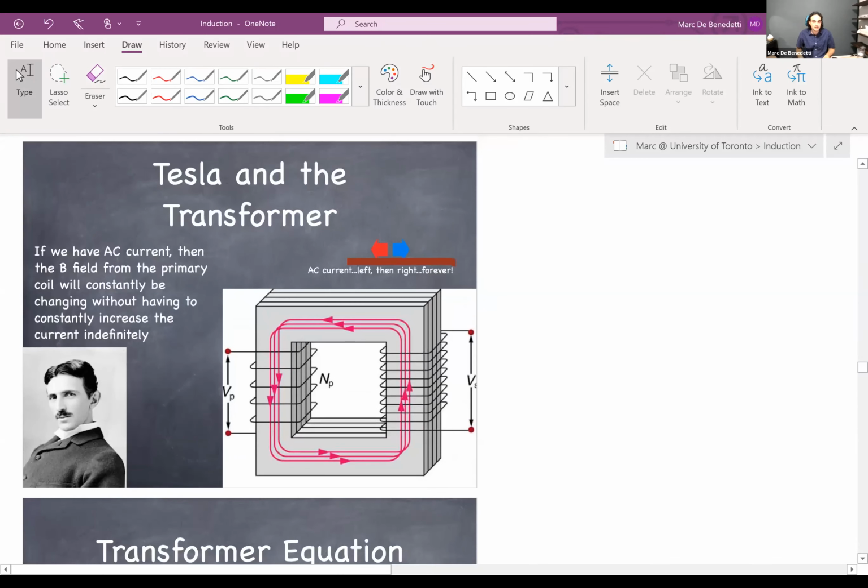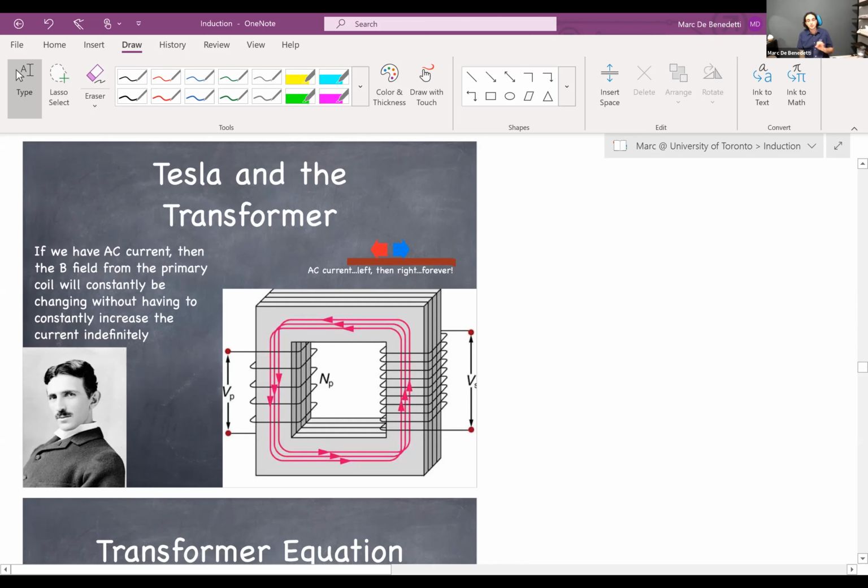So this is Tesla's crowning achievement, he was really pushing the transformer. He was saying, look, we can boost the voltage coming out of the power plant. We can send the electricity through the power lines at 24,000 volts or even higher at times.